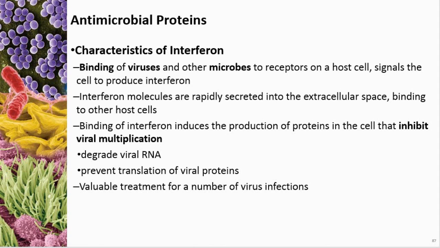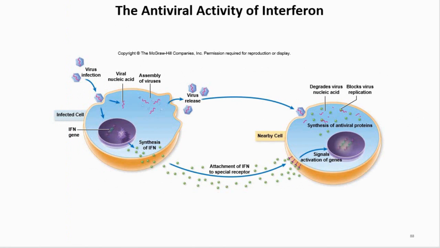So anyway, it's very, very important in viruses, and that's why they originally thought that was the only thing it was used for. So this right here just shows how it does affect a virus. So here's the virus, and when the virus infects the host cell, it releases its RNA, where it's then replicated, and then the parts of the new viruses are also made, and then the new virus is released, right?